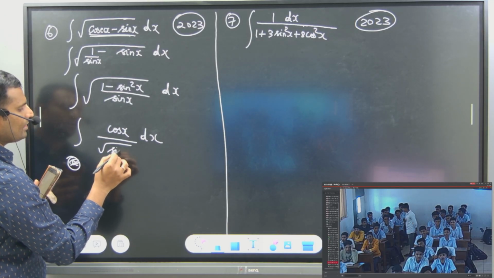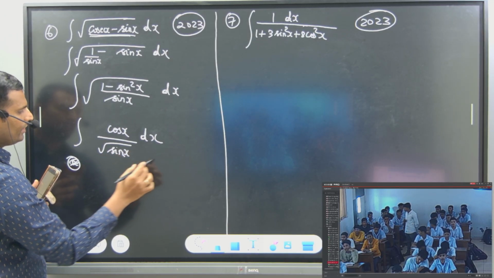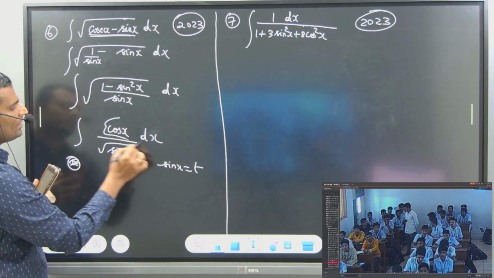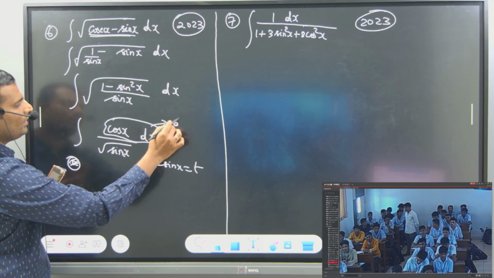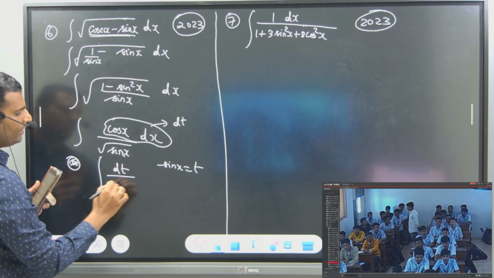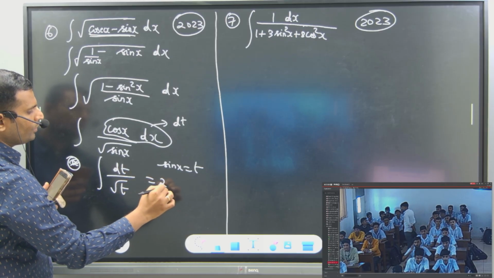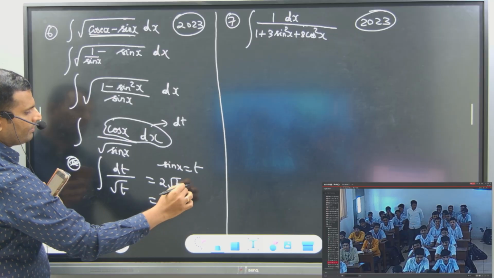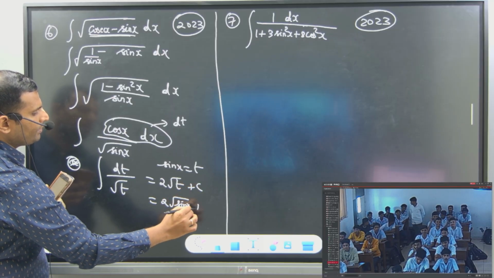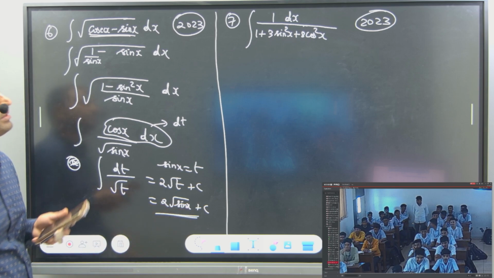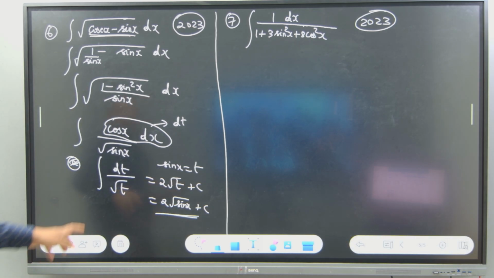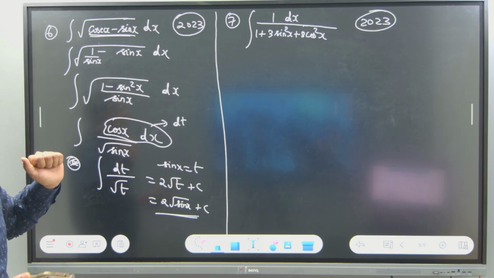Now what next? Next is easy. Put sin x as t. Cos x dx will become dt. So the answer is integral dt by root t, which is 2 root t, that is, 2 root sin x plus c. This is the answer. Okay.